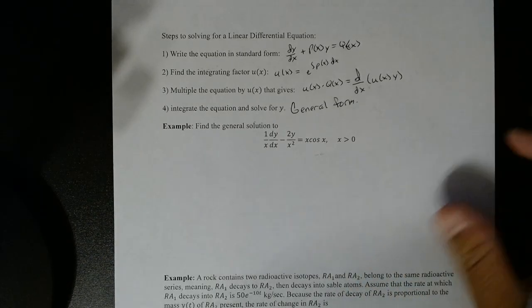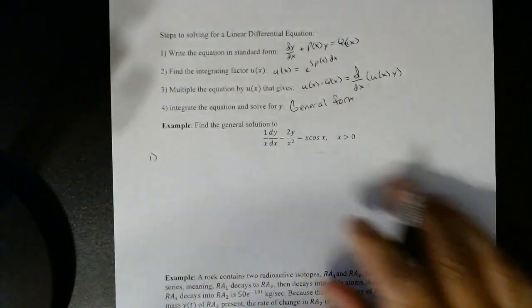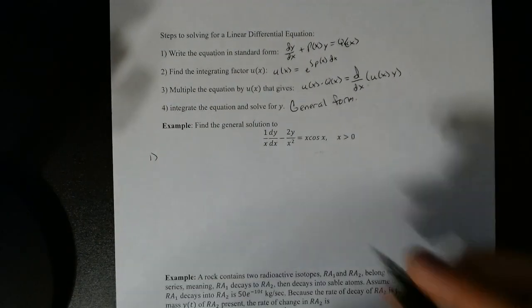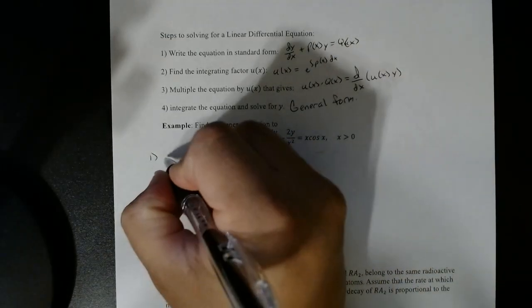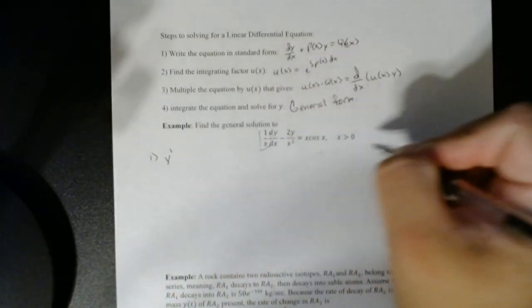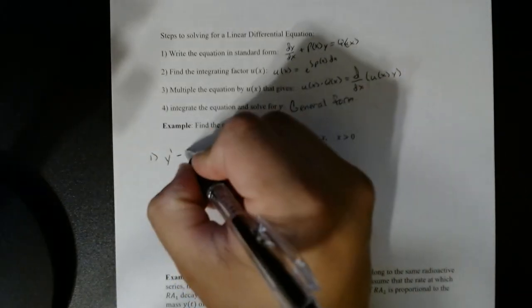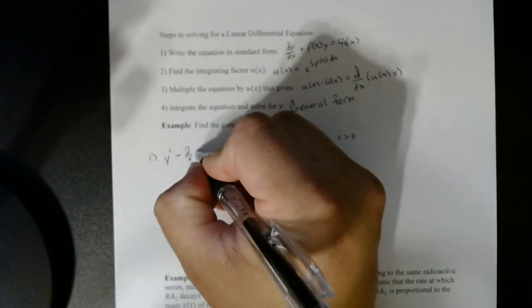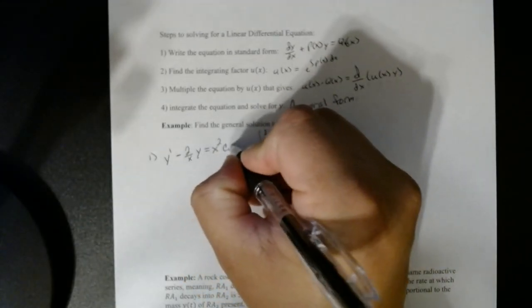All right, so find the general solution to this. So step one, we have to put it into the form we want. In other words, we have to multiply everything by x, because I don't want that there. So I'm just going to make it easy to put just y prime. So minus, multiply by x, we get 2 over x times y, equals x squared cosine of x.